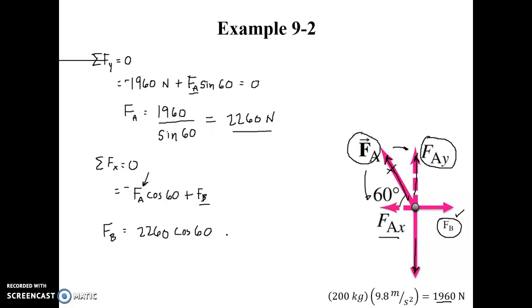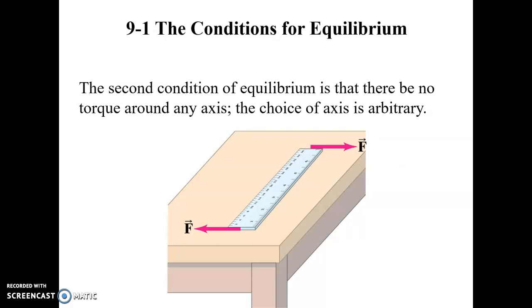And 2260 cosine of 60 equals 1,130 newtons. That is the force in the horizontal rope. So that's an example of solving a system of forces using static equilibrium. And let's take a look here at the next slide.